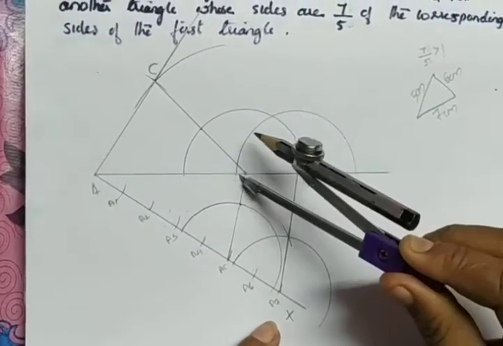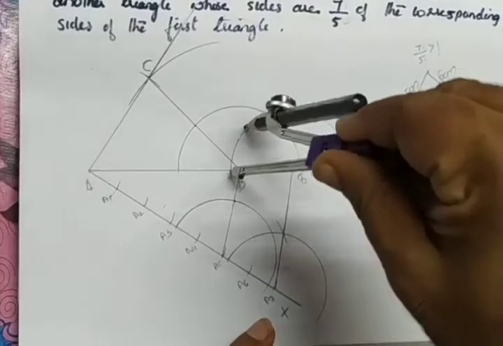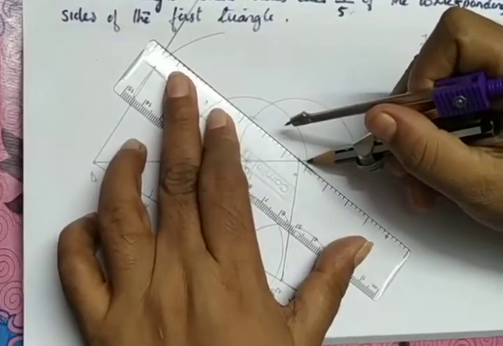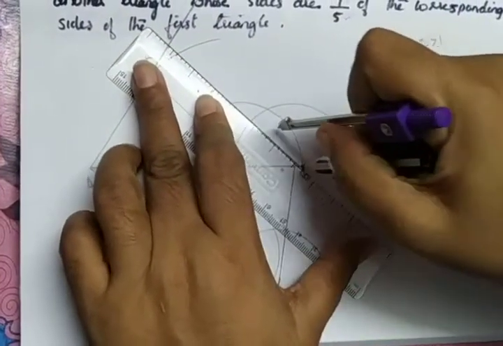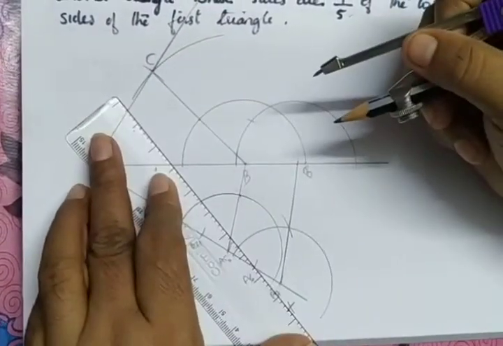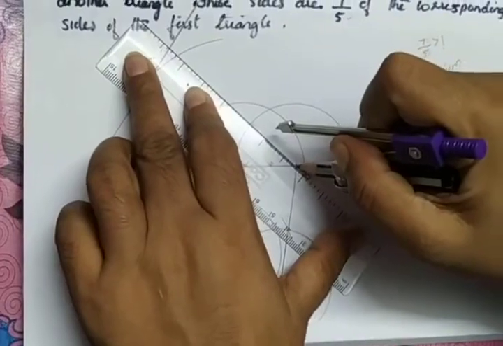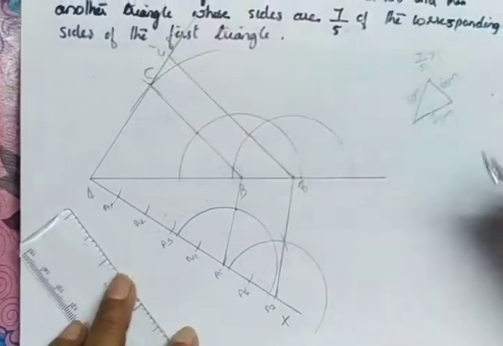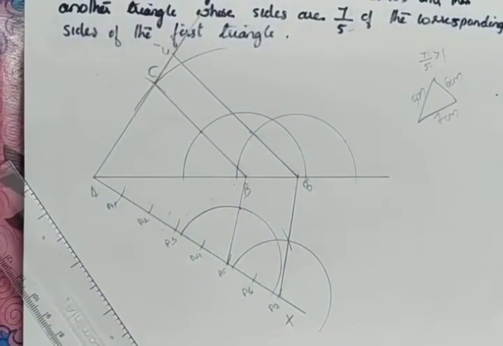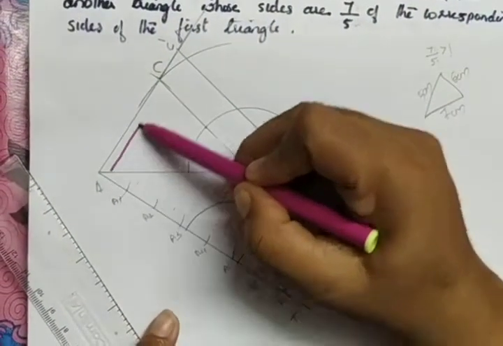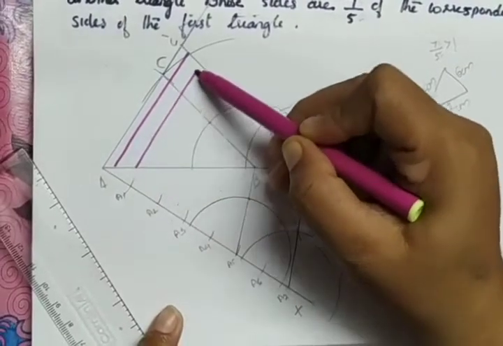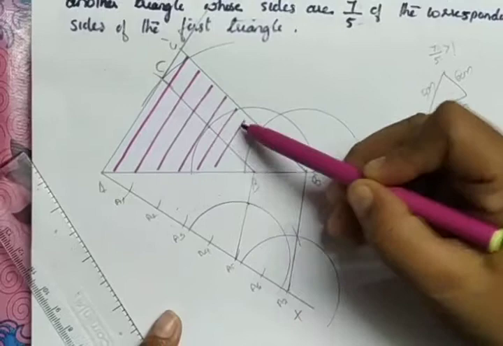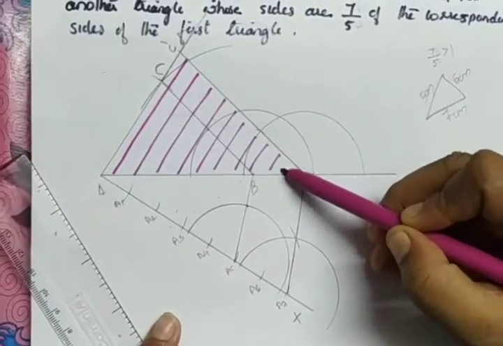Again with this point as center, cut. Again join B dash, C dash. Then can you say which is the triangle? Our triangle is A, C dash, B dash. Can you see we are getting a bigger triangle than the triangle ABC because the scale factor is bigger than 1.